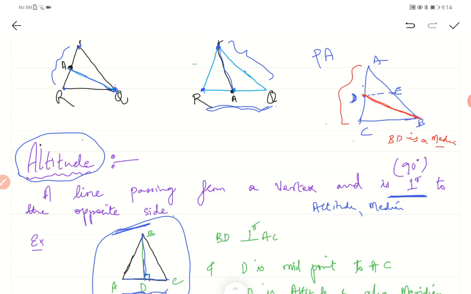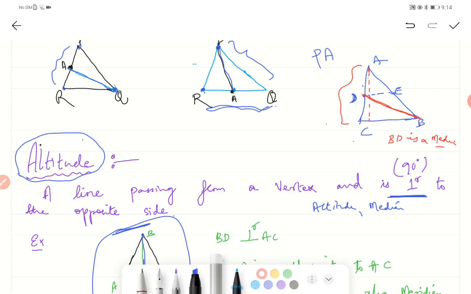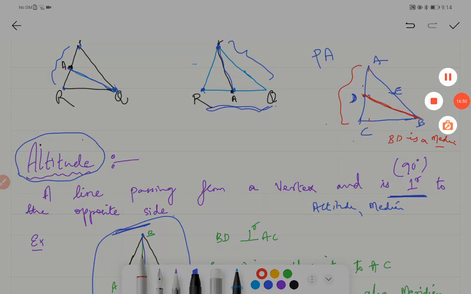Now tell me, this line, is it a median, or let me draw another triangle.